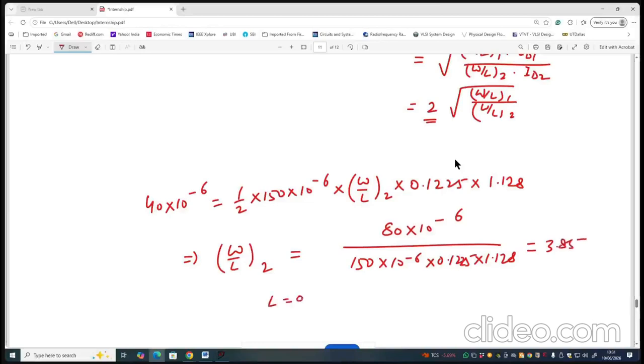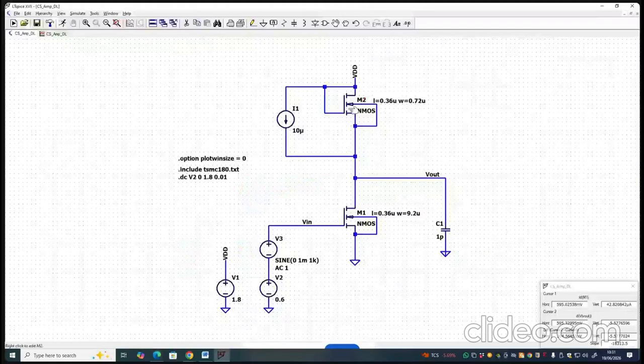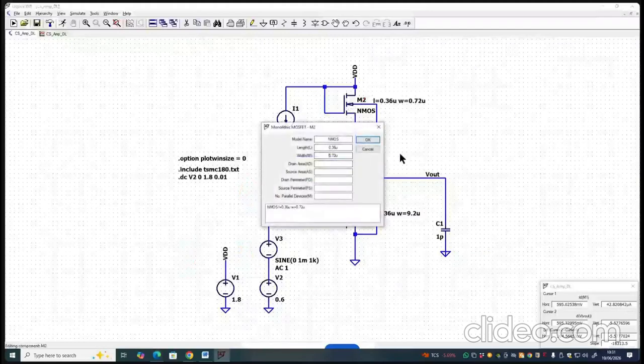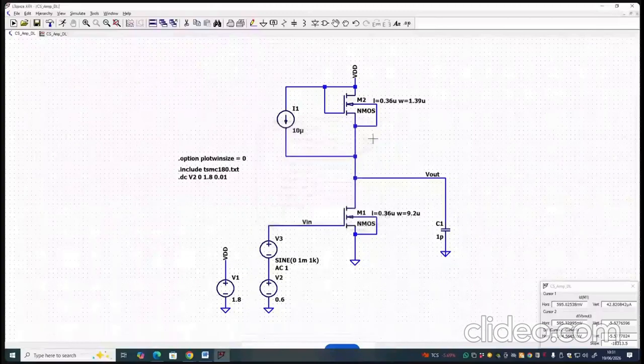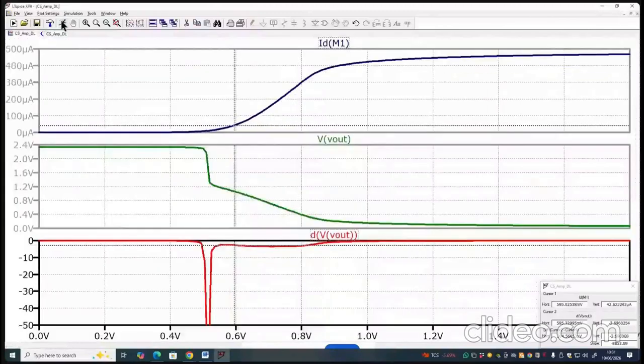So you can take length equal to 0.36, width 0.36 into 3.85, 1.39. So if we take this to be 1.39, then also you can see, no, but something is going wrong.